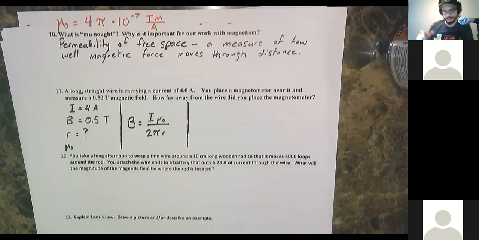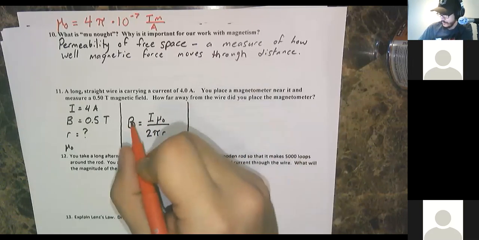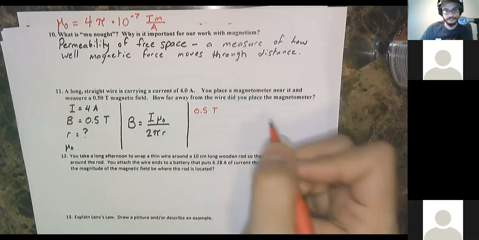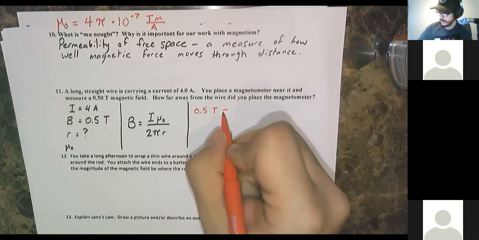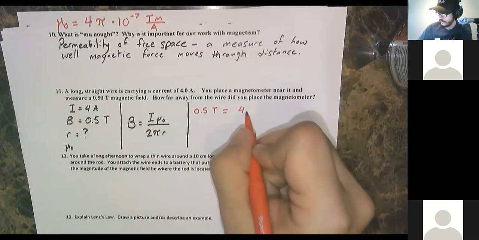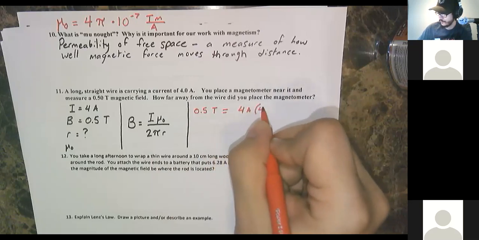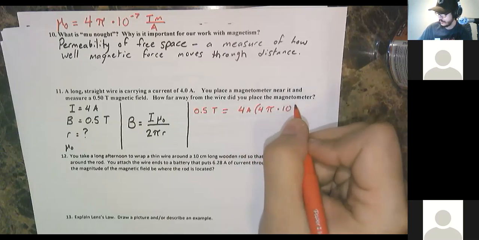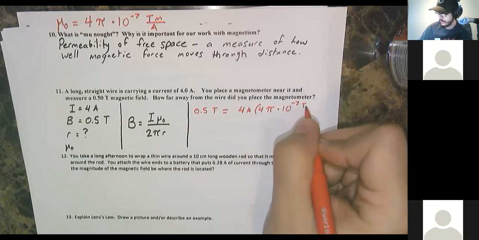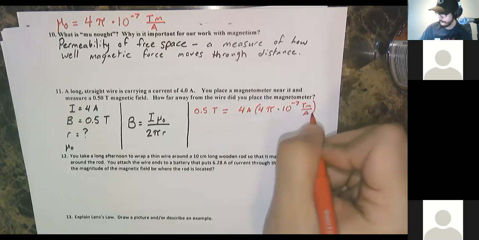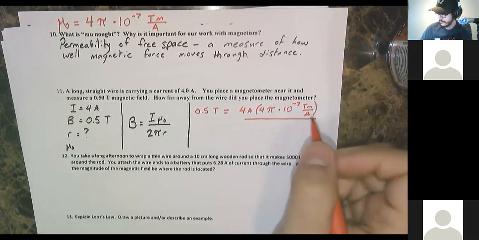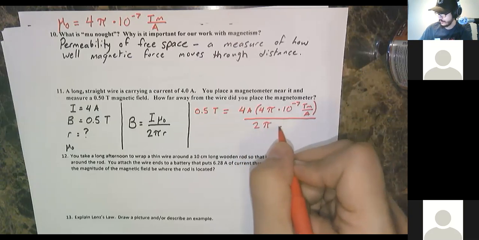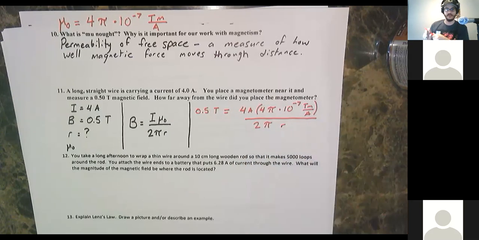So plug in and we'll figure it out. Our magnetic field is half a Tesla. That is equal to 4 amps times 4 pi times 10 to the negative 7 Tesla meters per amp divided by 2 pi r, radius, which is what we want to know.